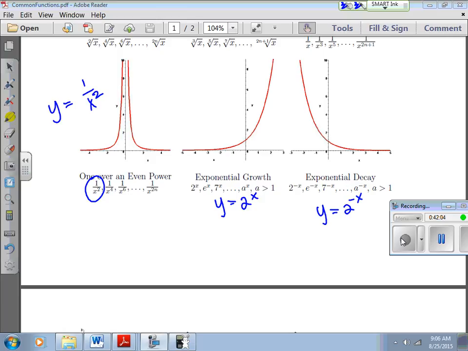All right, who can tell me the domain of the first one? Somebody's got to be able to tell me. What do you think, Nancy? Remember, domain represents which axis, the y or the x? All right, so now think.